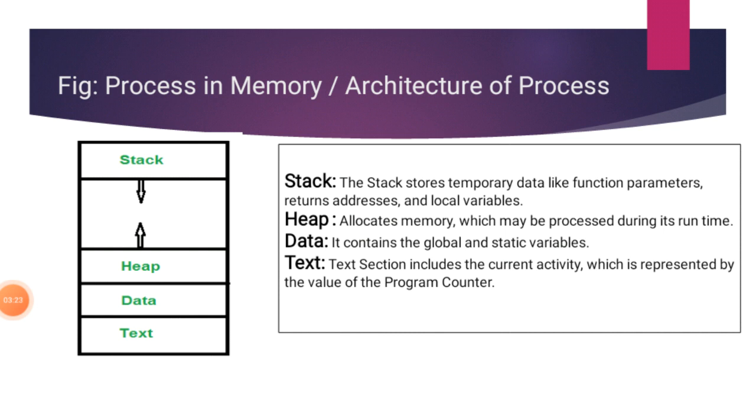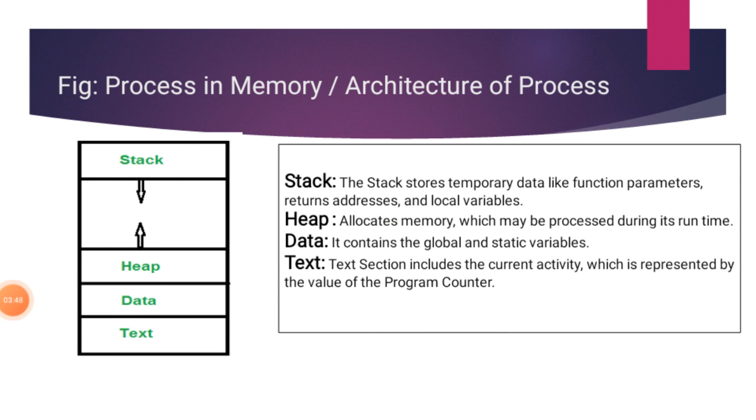Now coming to the second component, or the second section of a process in memory, that is heap. What is heap here? This is dynamically allocated memory to a process during its runtime, or you can say it allocates the memory during its execution. Execution means its runtime.